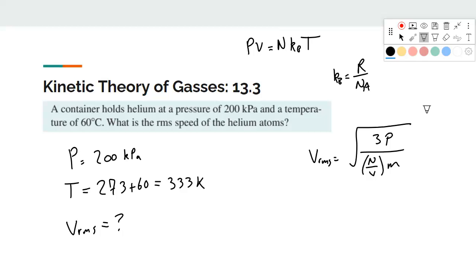And so we can rearrange this equation to have N over V equals P over kBT. And now we can plug in to get a concentration.